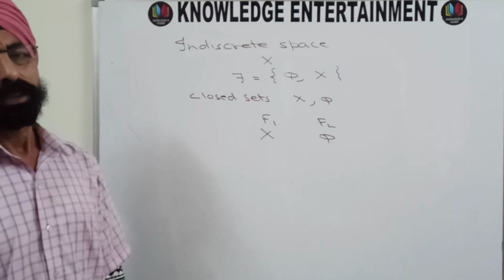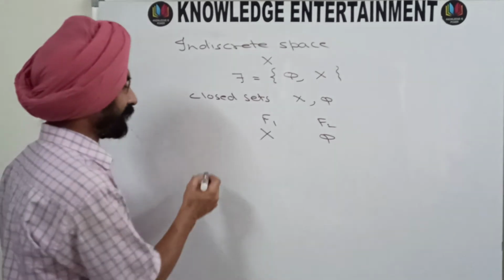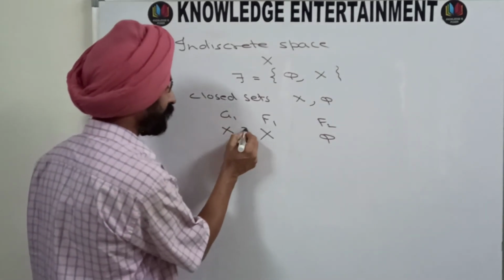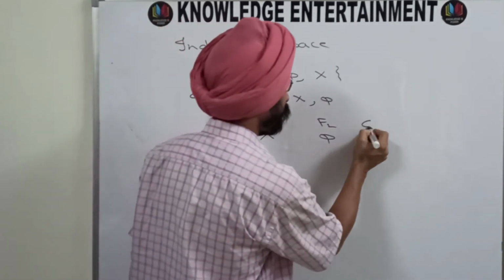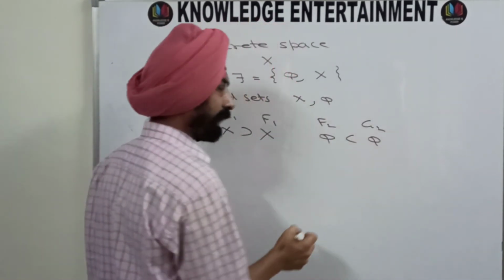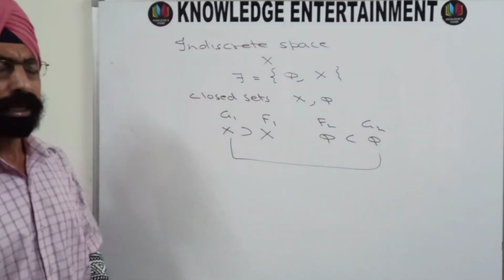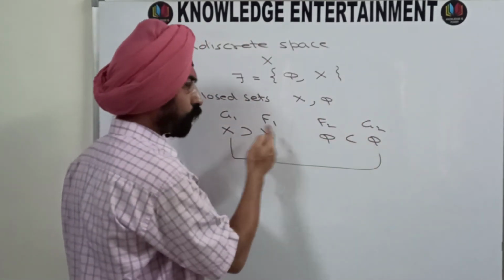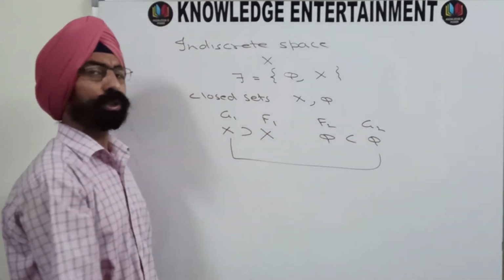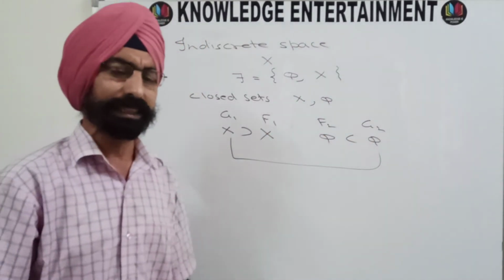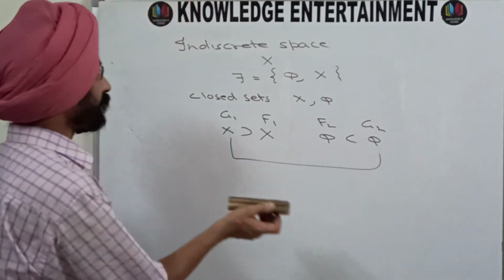And you are able to find two open sets, G1 as X, and G2 as phi, because phi is contained in phi, and these two sets are disjoint also. So you are able to find a pair of disjoint open sets containing the pair of disjoint closed sets. So that means the indiscrete space is also a normal space.